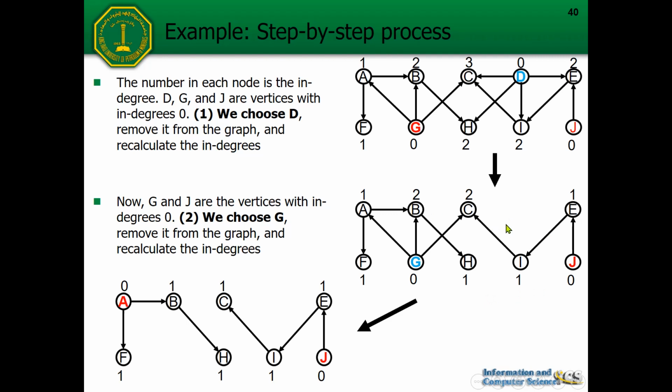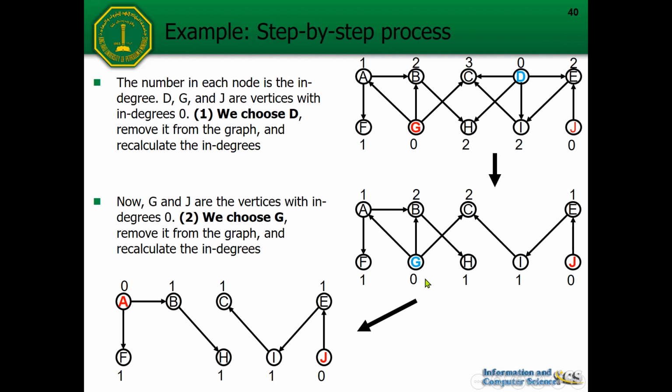After we delete D, we need to recalculate the degree of each vertex in the graph. So now A is 1, B is 2, C is 2, and so on until the last one, J. Now look at this. In this graph, we can see that there are 1 and 2 vertices with degree 0.